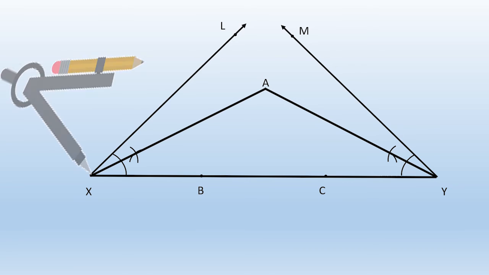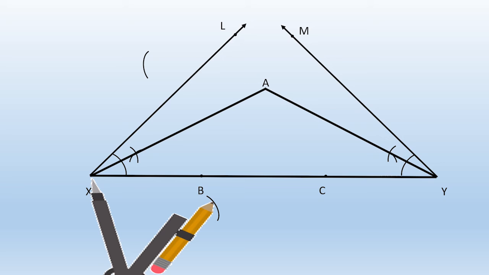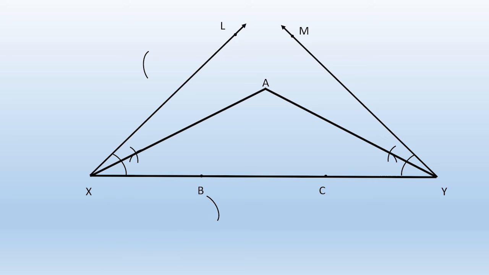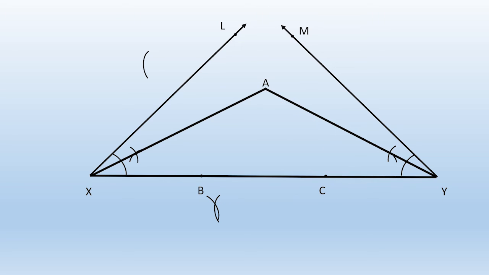Then we have to draw perpendicular bisectors PQ of AX and RS of AY. Number 5. Let PQ intersect XY at B and RS intersect XY at C. We have to join AB and AC.